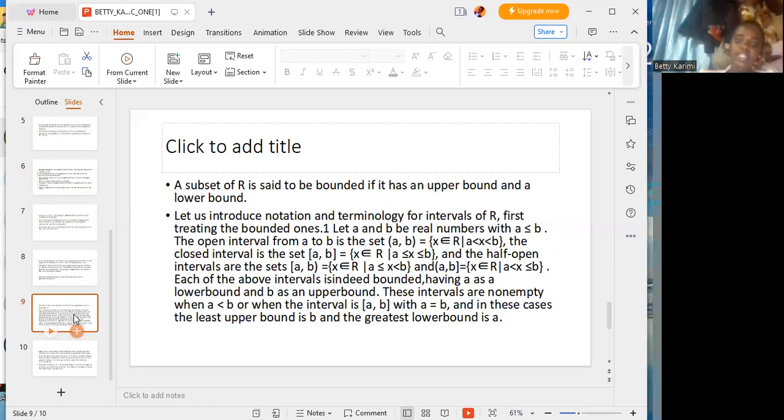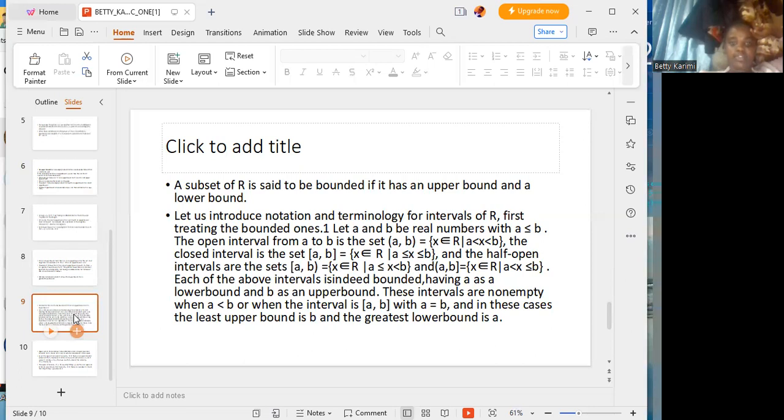A subset of R is said to be bounded if it has an upper bound and a lower bound. Let us introduce notation and terminology for intervals of R. First, treating the bounded ones, let a and b be real numbers with a less than or equal to b. Then the open interval from a to b is the set (a,b) equal to x element of R such that a less than x less than b.